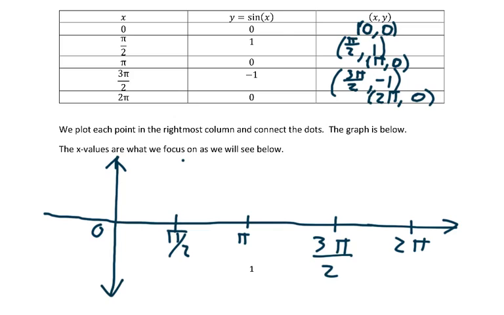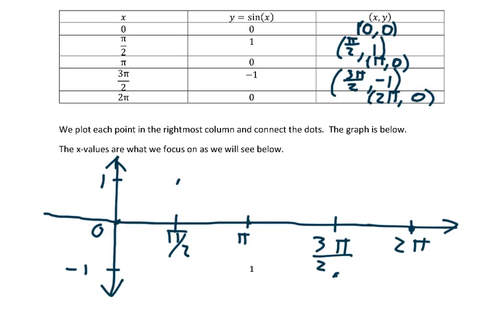Okay, now, at 0, sine is 0, right? We have that point. Next, at pi over 2, we're going to get 1. Okay, so let's plot that. At pi, we're going to get 0. At 3 pi over 2, we'll get negative 1. And at 2 pi, again, we'll get 0.